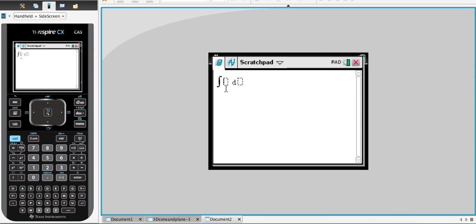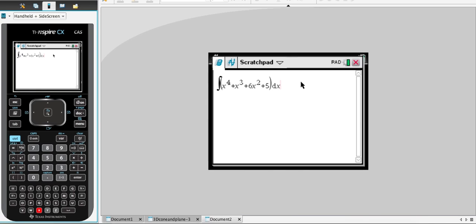And you can do something like x to the 4 plus x cubed plus 6x squared plus 5, and then you have to put dx because that's what the function is in terms of.